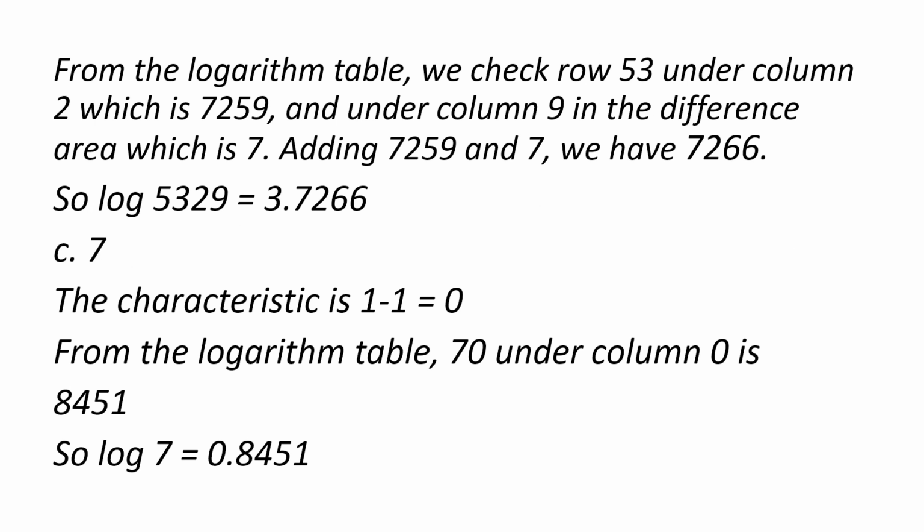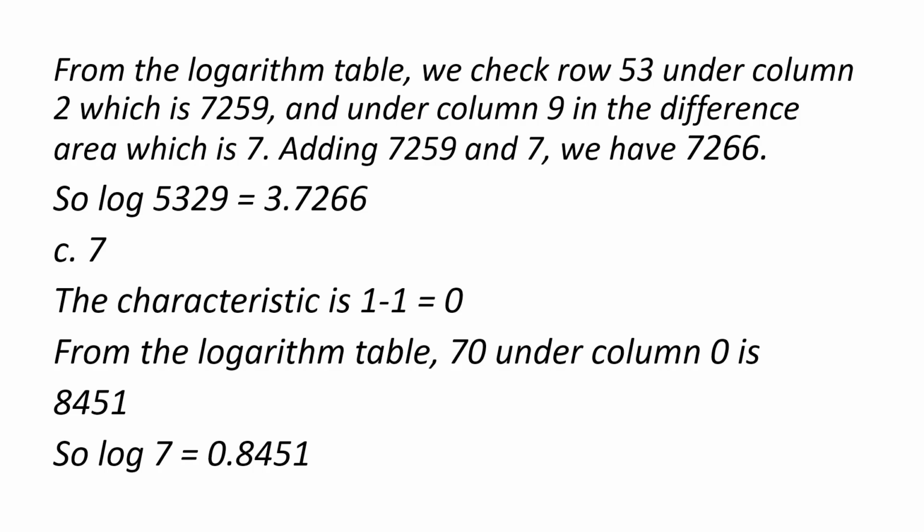From the logarithm table, we check row 53 under column 2, which is 7259, and under column 9 in the difference area, which is 7. Adding 7259 and 7, we have 7266. So log 5329 equals 3.7266.